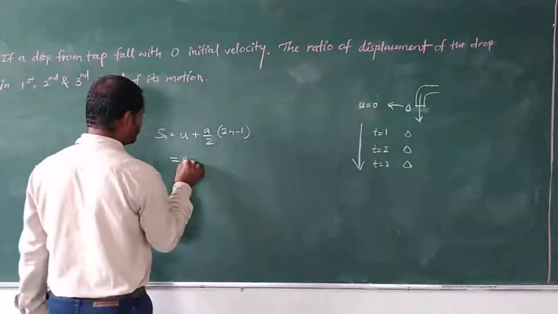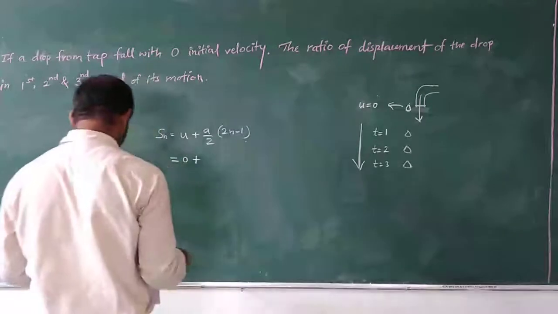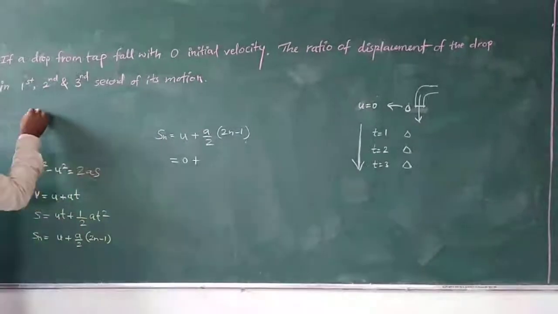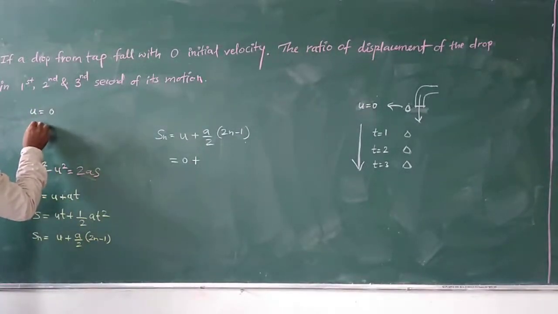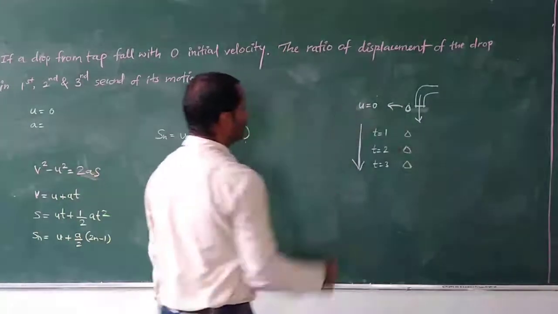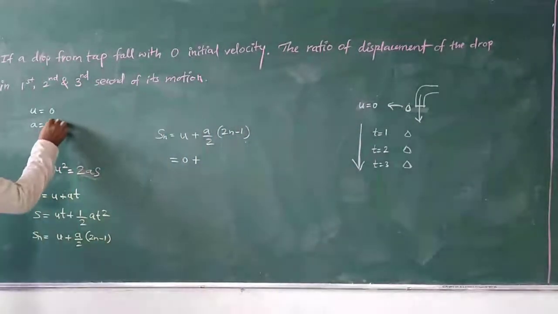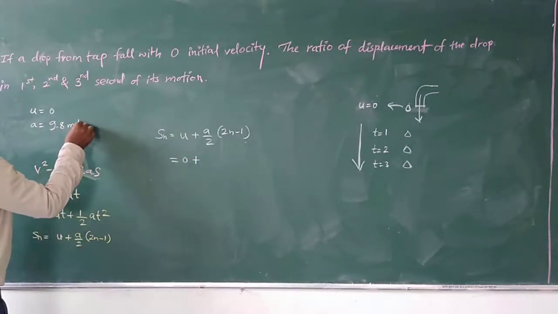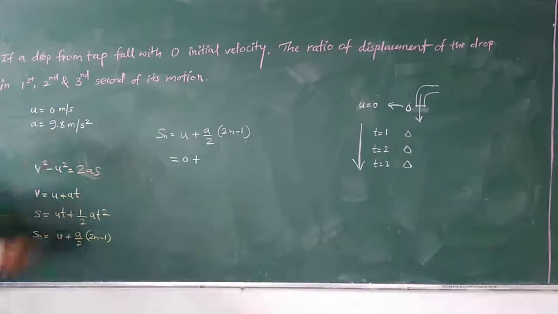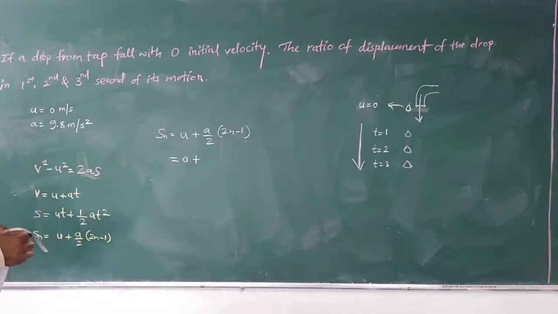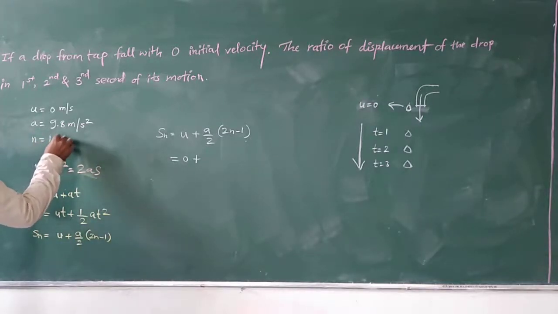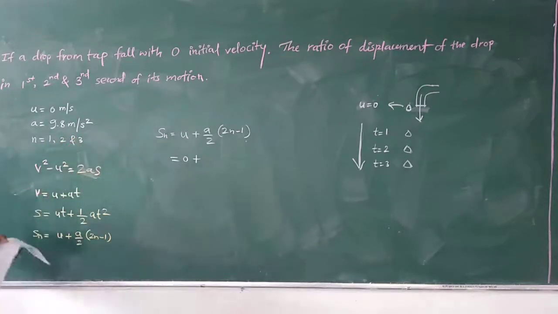For a freely falling body, acceleration due to gravity is 9.8 meter per second square, and n is given as 1, 2 and 3.